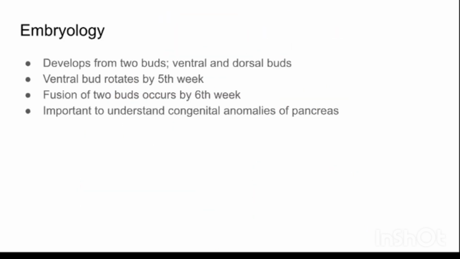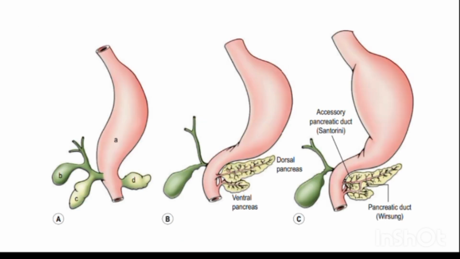It's important to understand the embryology of the pancreas in order to gain a complete understanding of this pathology, especially in pediatric patients. The pancreas develops from two buds, the ventral bud and the dorsal bud. You can see here, this is the ventral bud of the pancreas, and this is the dorsal.